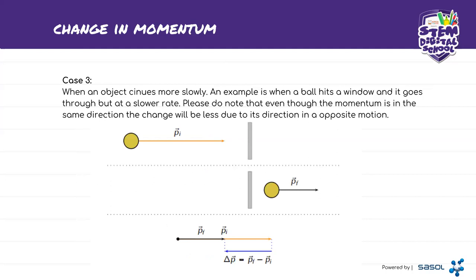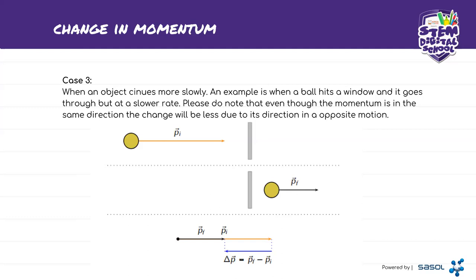Now we're going to move to our third case. Our third case is when an object continues more slowly. I can give you an example. For example, when you throw a ball and it hits a window, the speed of the ball after it hits the window is going to be much slower because of the impact it had on the window.